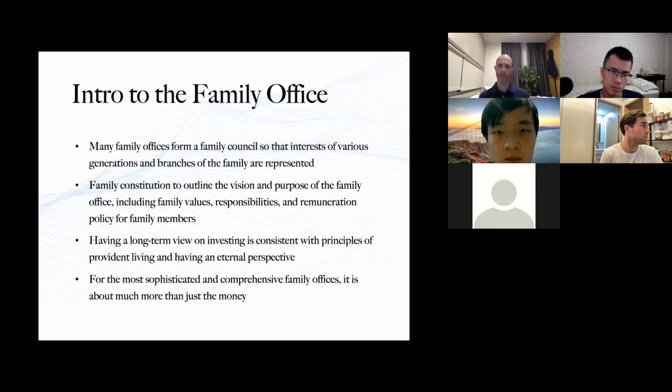Obviously, in the case of the family office, we're talking about a slightly different application, because we believe in family councils no matter the wealth of the family or the interests of the family, right? There's value in having that in any family. But for the family office in particular, it is trying to create a linkage between all the different generations and the varying parties that are involved in that family office.